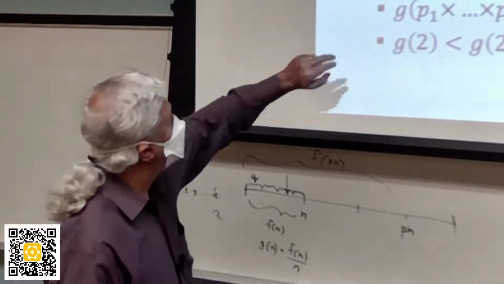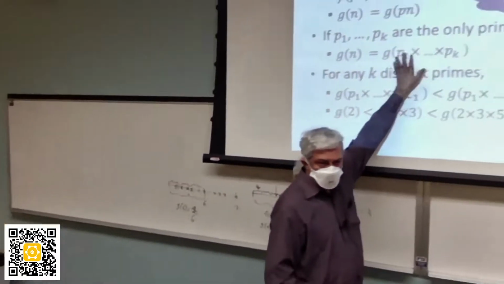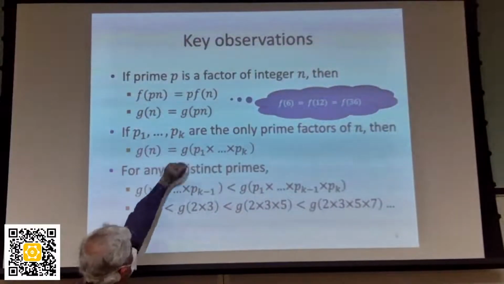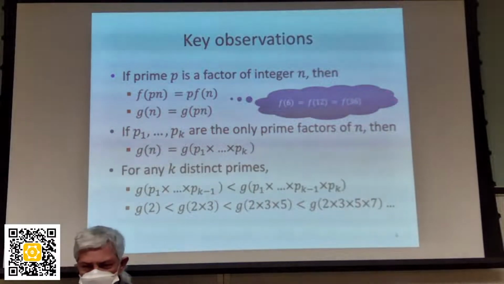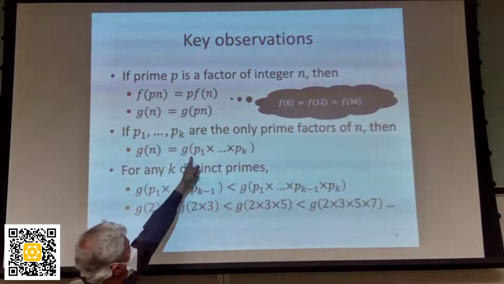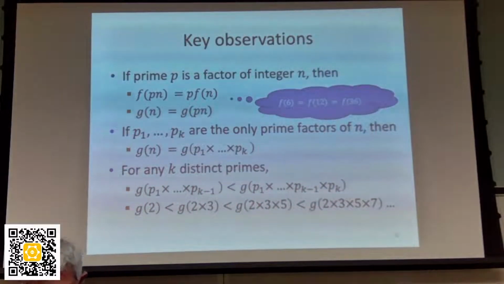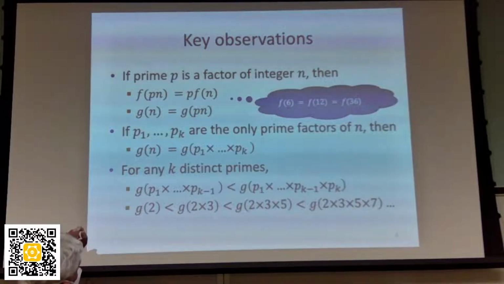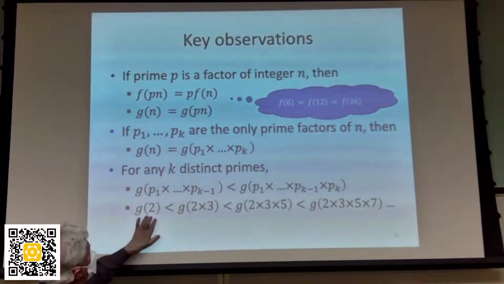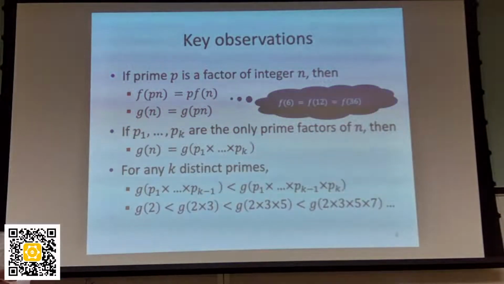So we're going to use that fact and say that g of n, let's say its prime factors are P1 through Pk. It doesn't matter how many times P1 appears or P2 appears. I only care about it appearing once. I'll just use that to figure things out. Okay? And then other interesting things happen. Let's take g of 2.